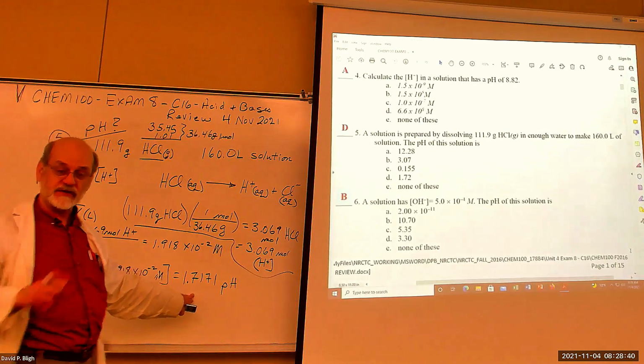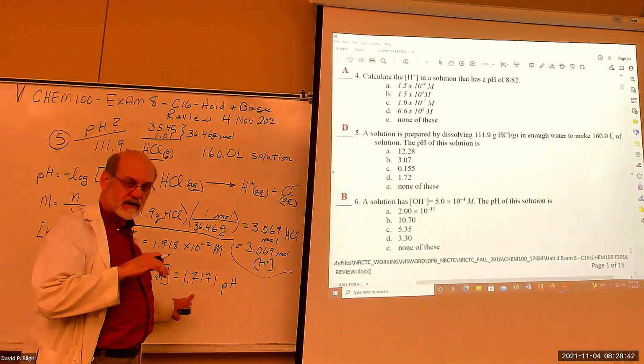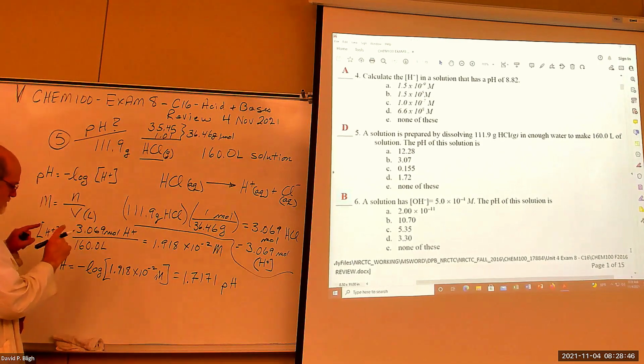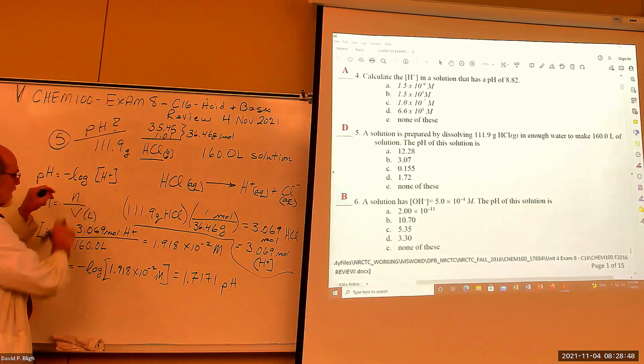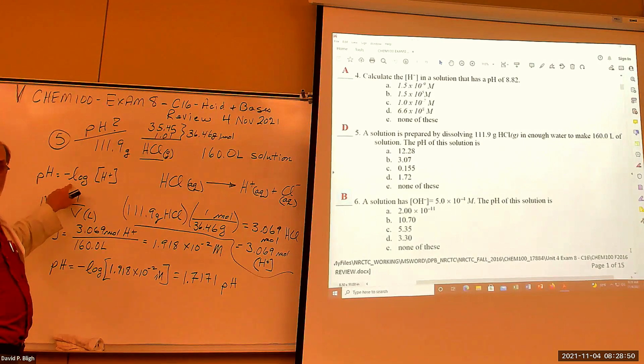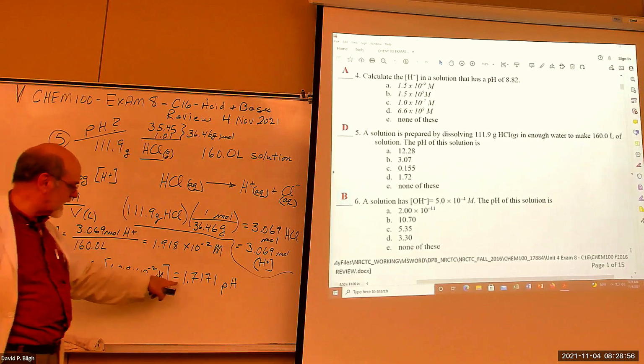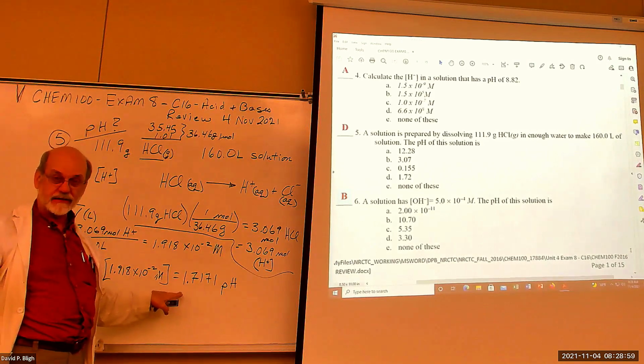Right? When we discussed in lecture the pH scale, because it's logarithmic and it introduces the negative sign, we don't want a negative value here, so we change the sign.